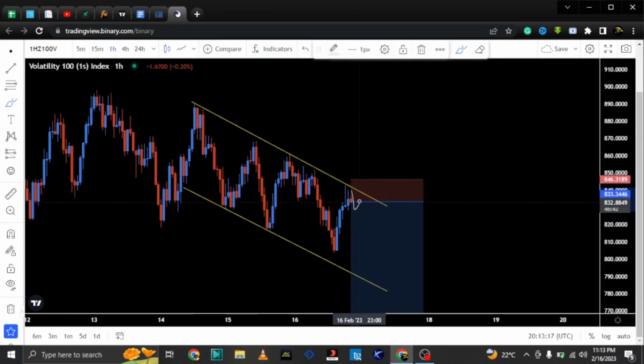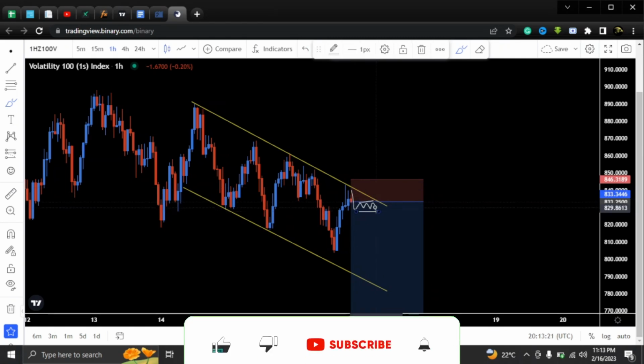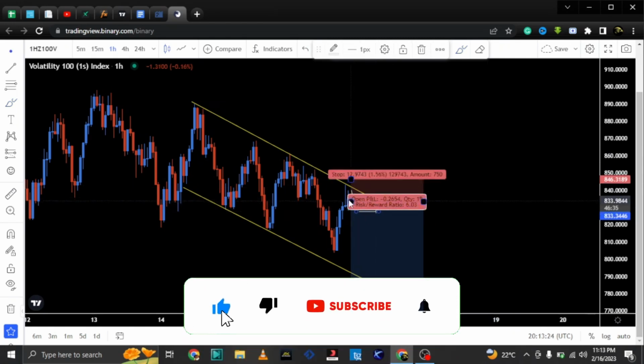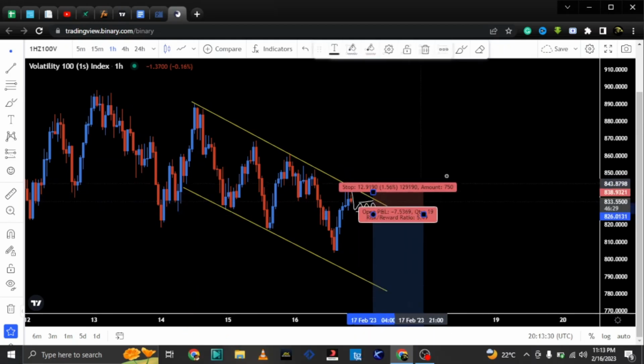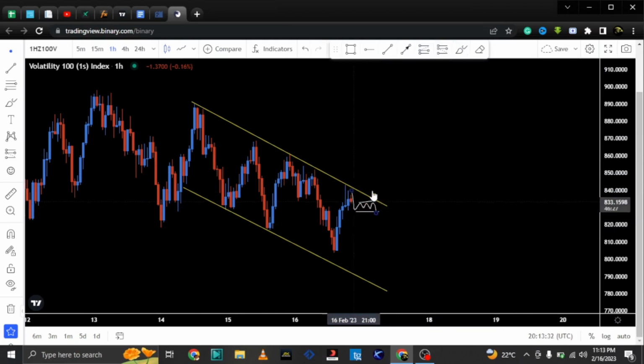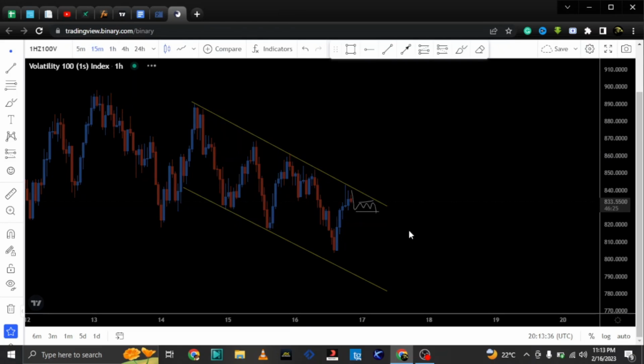I want to see something like this. Maybe I want to see a flag on the 15 minutes time frame or on the 5 minutes time frame. Then I can either enter a risk entry or a reduced risk entry over there. Then I can measure my stop loss and all these kind of things. I mean, just a confirmation that this market has actually committed to the downside. You don't just want to enter your sell.